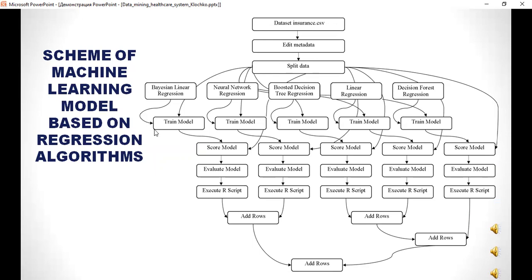The developed regression models are tested using the score model block on the test part of the data. The evaluate model block evaluates the developed regression models using standard indicators: mean absolute error, mean squared error, relative absolute error, relative squared error, and coefficient of determination.